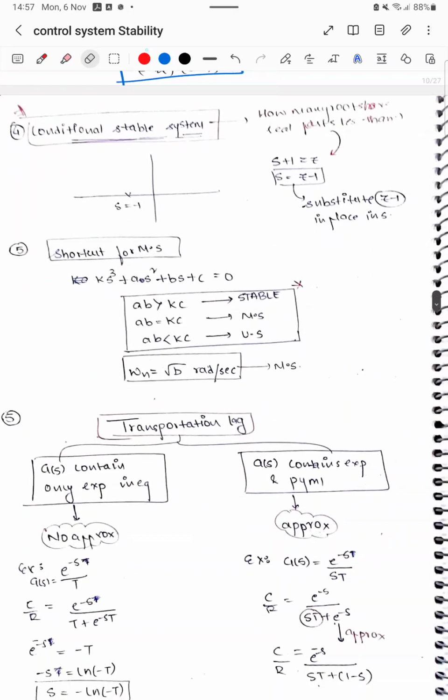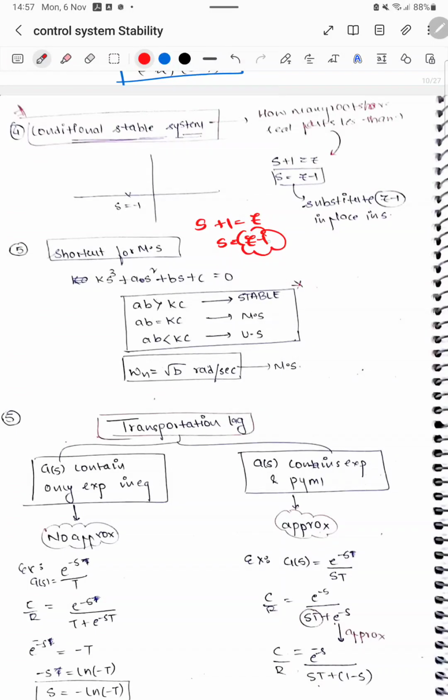Now let's move to another concept, number 2, which is conditional stability. Let's say a question asks you stability around a point, say s equals -1. In that case, you take s plus 1 equals z, so s equals z minus 1.